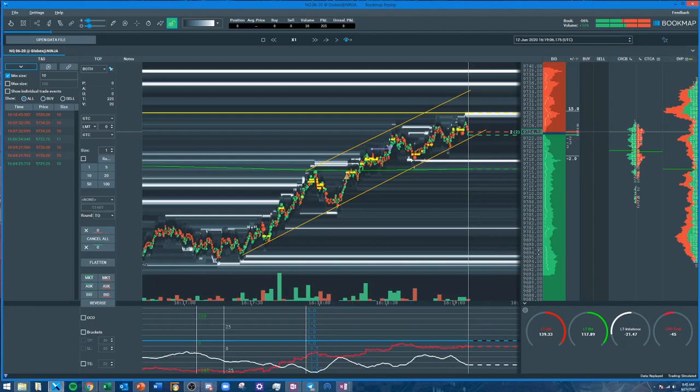It's a good idea always to come up with some potential scenarios before entering a position, so that you have a good idea of what might happen ahead of time, and then all you need to do is wait for confirmation to see one of these scenarios play out, and then that's how you gauge your entry. All right, so let's see what happens here.